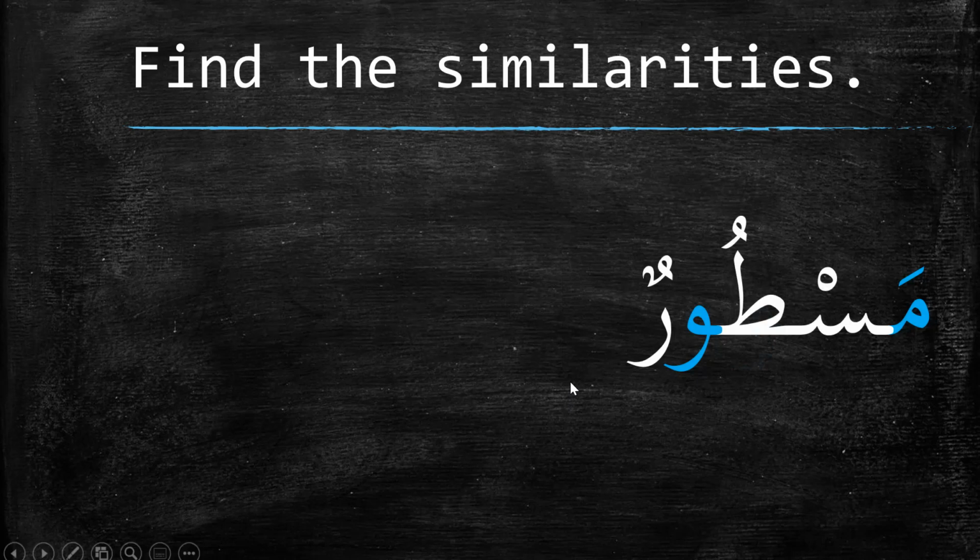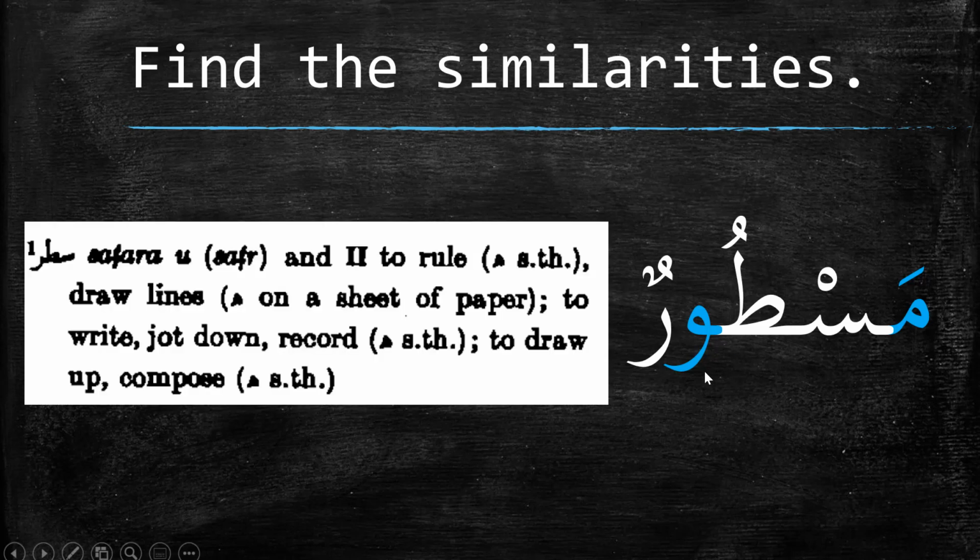And the last one that we have is mastur. Mastur. So we take off the meem, we take off the waw, we're left with satara. Satara means to rule, to draw lines on a sheet of paper, to write, to jot down, to record, to draw, to compose.